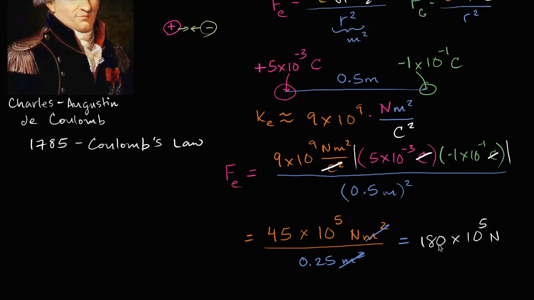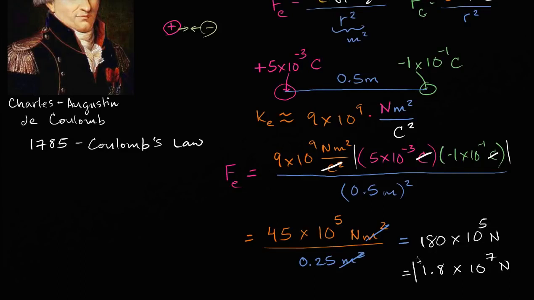And if we wanted to write it in scientific notation, we could divide this by 100 and then multiply this by 100. And so you could write this as 1.8 times 10 to the 7th newtons. I don't want to make it look like I have more significant digits than I really have. I just divided this by 100 and I multiplied this by 100, and we're done.